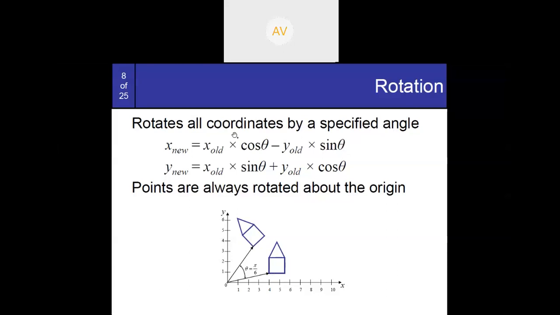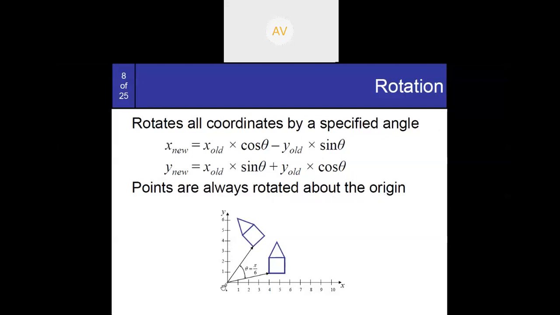So the formula for the new coordinates will be x new equals x old into cos theta minus y old into sin theta. Similarly, for finding the new coordinate of y, it will be x old into sin theta plus y old into cos theta. Points are always rotated about the origin. Remember this point. When we go through the composite transformation matrix, at that time I will explain why points are always rotated about the origin.